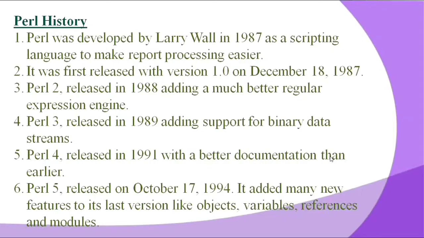Next, Perl 3, released in 1989, adding support for binary data streams. Next, Perl 4, released in 1991 with a better documentation than earlier. Next, Perl 5, this is the latest version, released on October 17, 1994. It added many new features to its last version like objects, variables, references and modules. So, these are the Perl history.